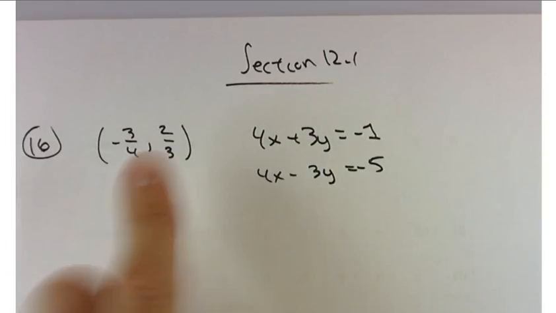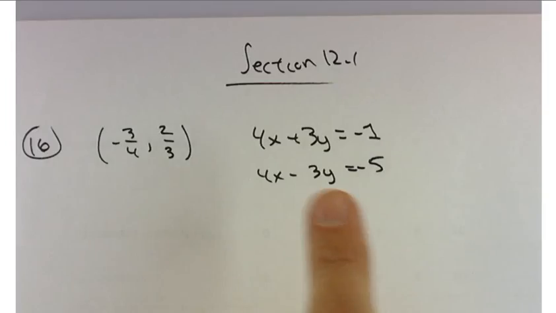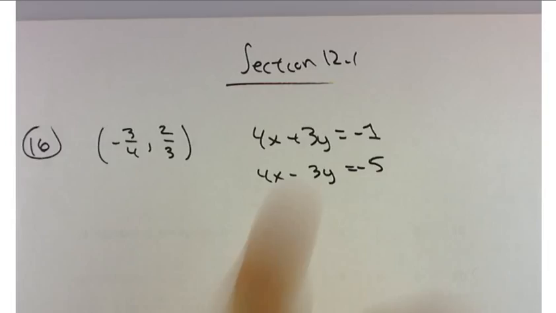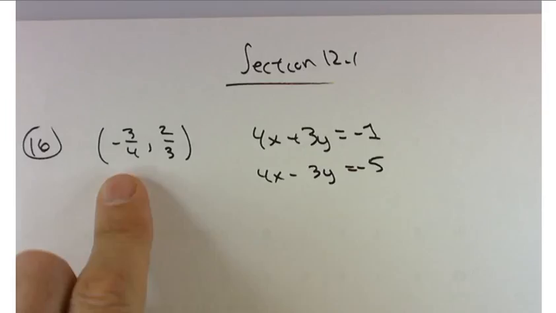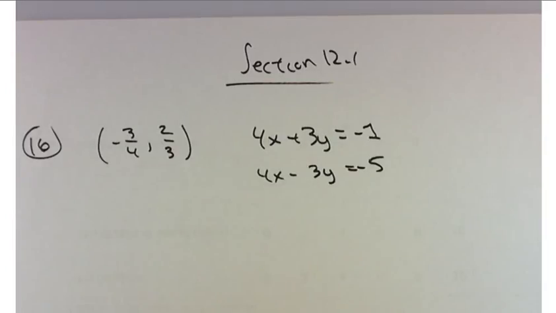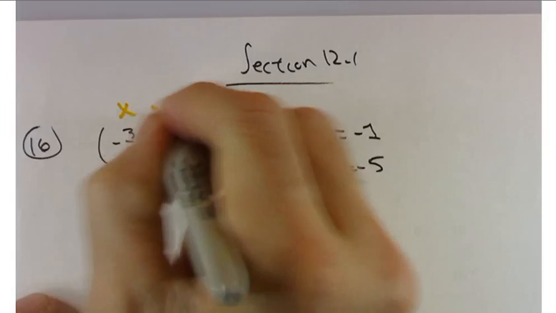Is that a solution? Well, there's a couple ways we can do this. You could graph this system of equations and try and see, do those two lines cross each other at that point? And that would work. But what's another way I can see if this is a solution to both of these equations? Perfect.